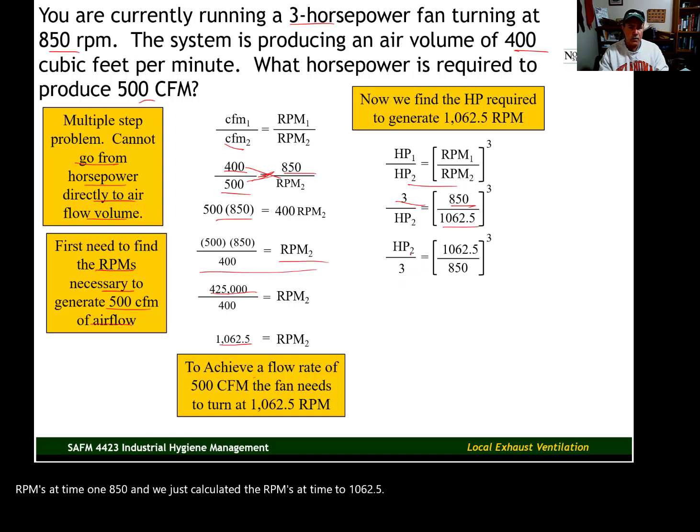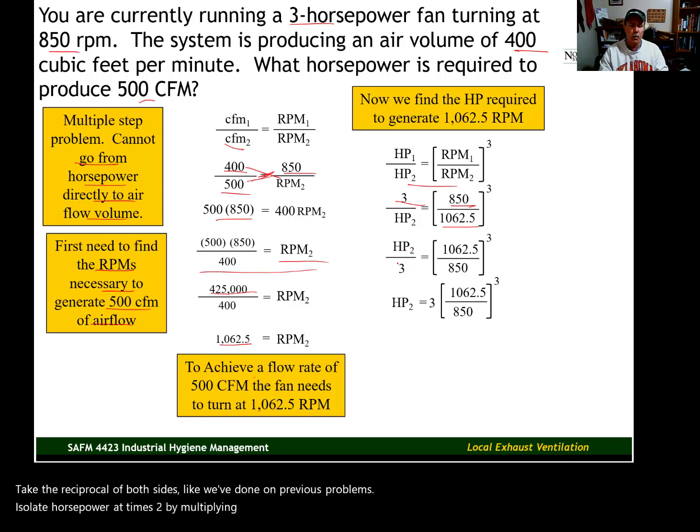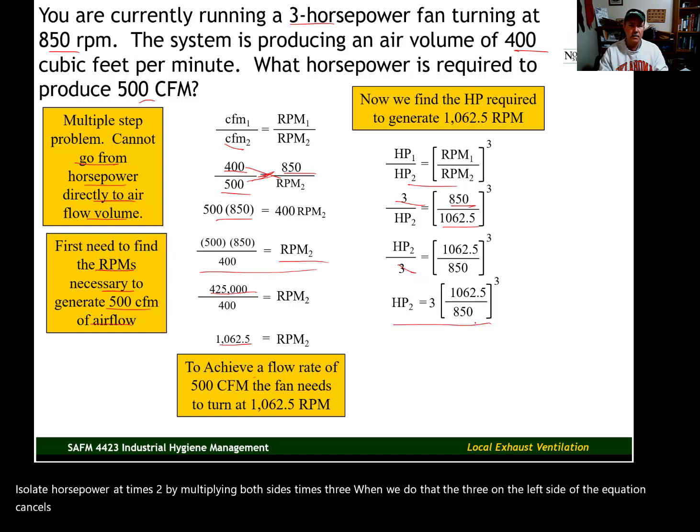Take the reciprocal of both sides, like we've done on previous problems. Isolate horsepower at time 2 by multiplying both sides times 3. When we do that, the 3 on the left side of the equation cancels out, and we end up with this configuration of our variables.